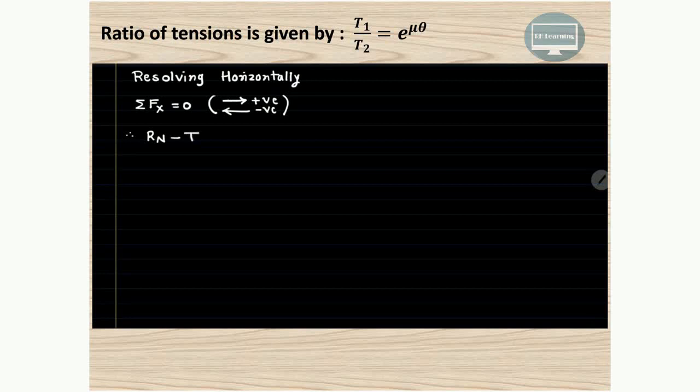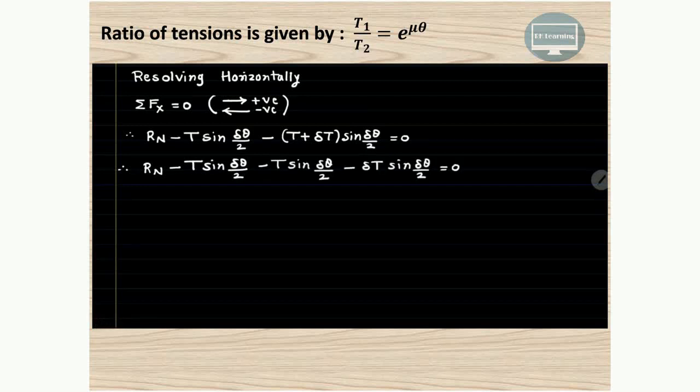So let us start with the first part, that is resolving horizontally. As we have already seen, Rn is positive, T sine delta theta by 2 is negative, and T plus delta T sine delta theta by 2 is also in the negative x direction. So therefore Rn will be equal to T sine delta theta by 2 plus delta T sine delta theta by 2, multiplying by sine delta theta by 2 inside the bracket.